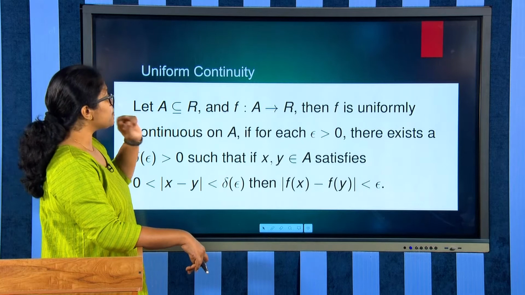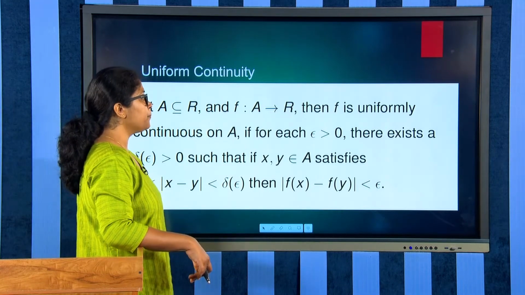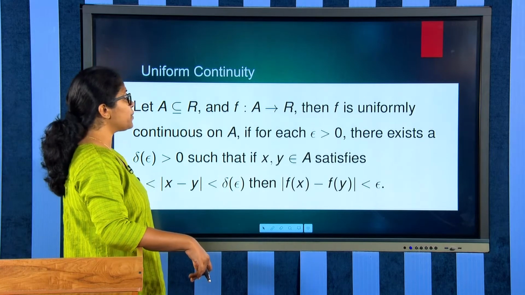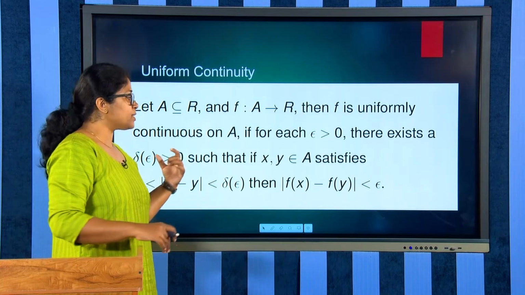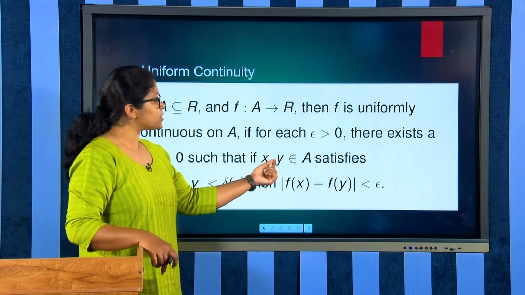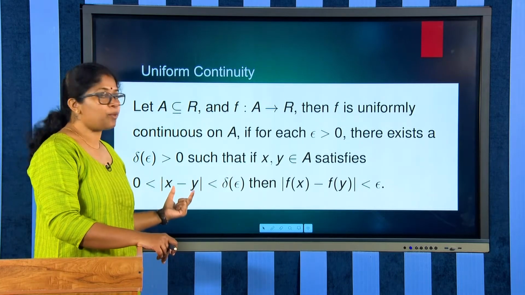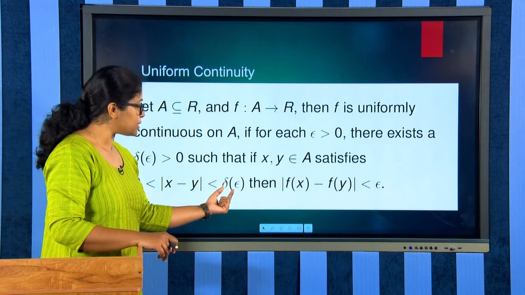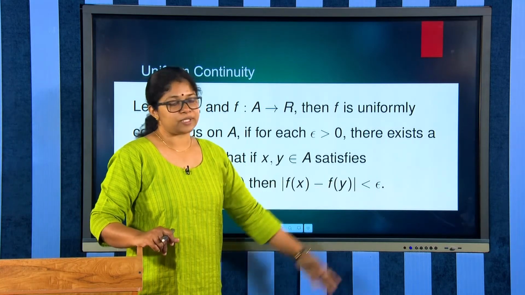Let A be a subset of R and f a function from A to R. f is uniformly continuous on A if for each epsilon greater than 0 there exists a delta of epsilon greater than 0 such that if x and y belong to A and satisfy the condition 0 less than modulus of x minus y less than delta of epsilon, then modulus of f of x minus f of y is less than epsilon.